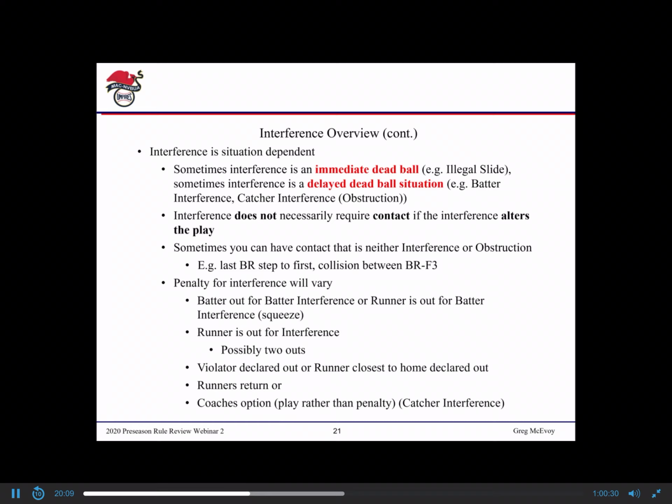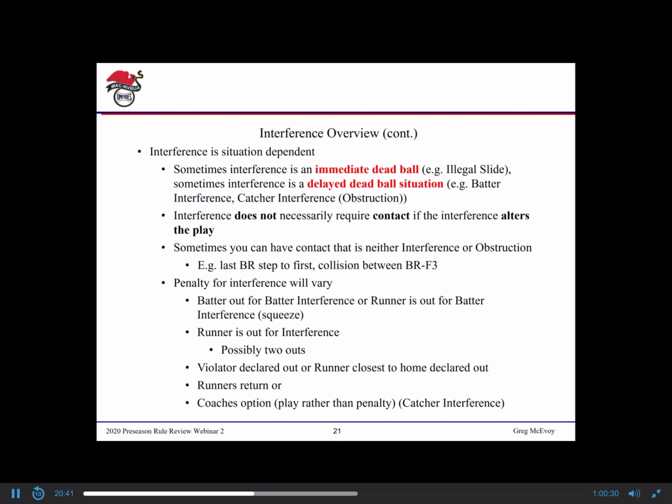The penalty will vary for batter's interference. The runner is out for batter interference on a squeeze play. For batter interference, the runner is out for interference with possibly 2 outs. The violator is always going to be declared out, or possibly under certain plays, the runner closest to home is going to be declared out, and we'll cover that in the next review under runner interference.